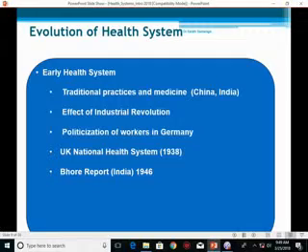And India in 1946 used a very famous report called the Bhore report, which gave some improvements and developments of the health system in India. They applied it, and similarly in Sri Lanka, like the Bhore report I told you the other day. In Sri Lanka, our current system is really based on that report.